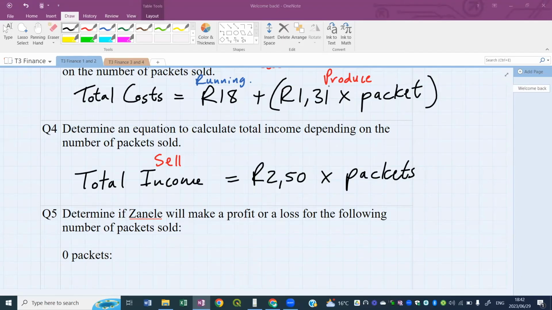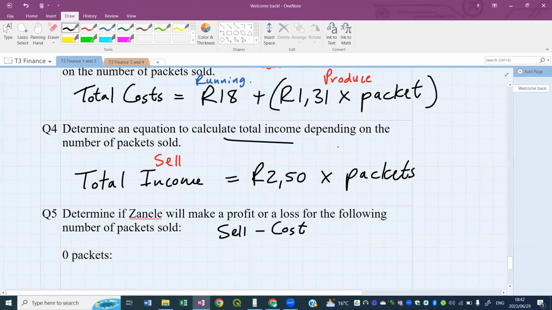All right, here we go. We're going to take the selling price. We're going to do this exercise. We're going to say sell, which is when she gets income, minus the cost. Okay, which is the selling one? That's this equation here, 250 times packets. Okay, so I'm going to say 250 times 0 packets.